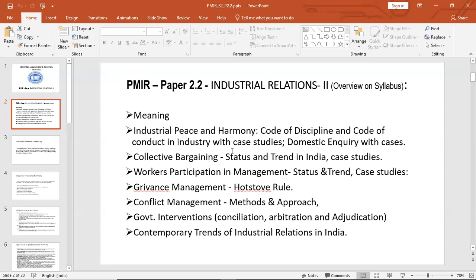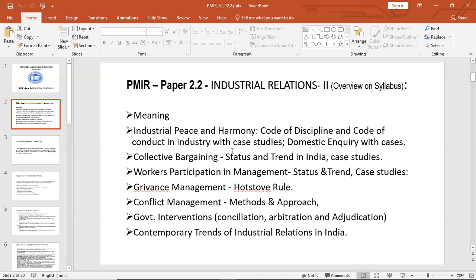We understood the meaning of industrial relations. The main meaning is having good relations between employees and employer. That is industrial relations. So that in industries, workplaces, wherever production is happening, the organization will have fewer strikes and fewer lockouts.